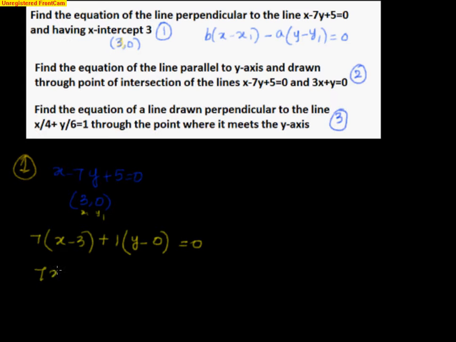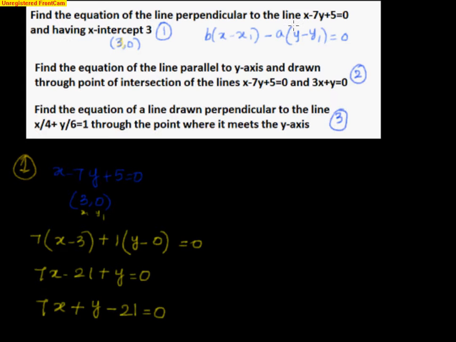It's nothing but 7x minus 21 plus y equal to 0, or 7x plus y minus 21 equal to 0.